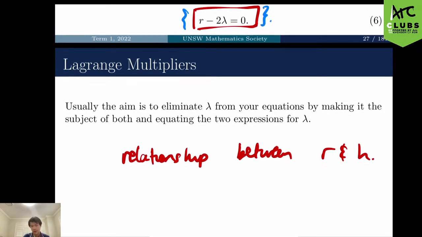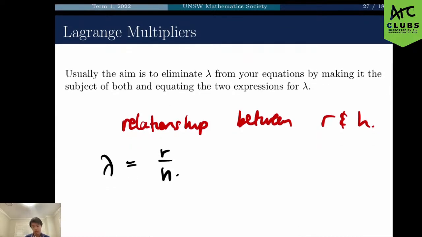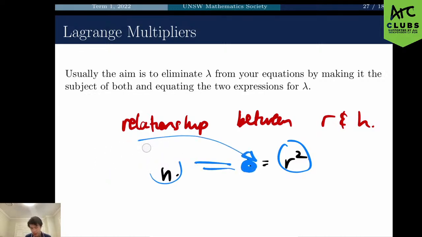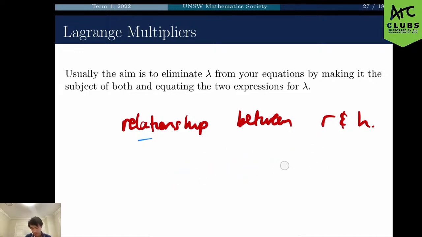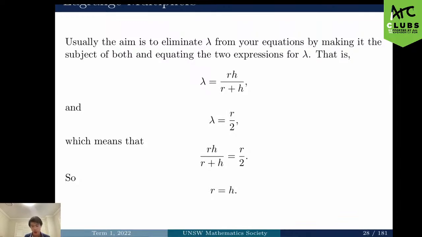And the best way to eliminate things is to set them as the subject. This is just an example, by the way. Set them as the subject, then they're equal, right? These two things are equal. It's like these things are colliding, no one needs them anymore. So generally try to make lambda the subject, and then try to eliminate. If you actually do the algebra, it's not that hard to show that lambda is equal to these two expressions, and then you just equate them.